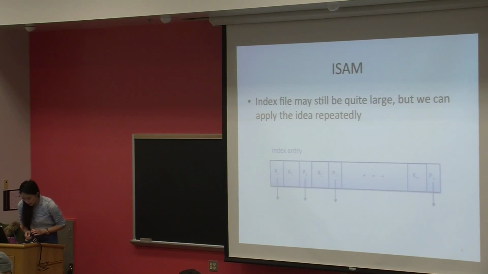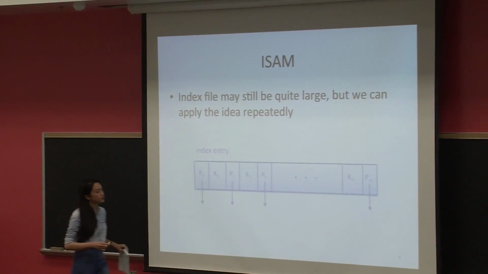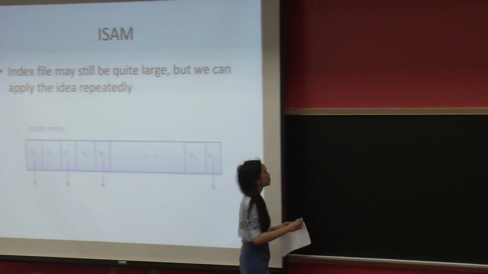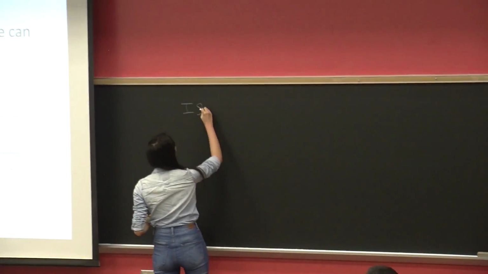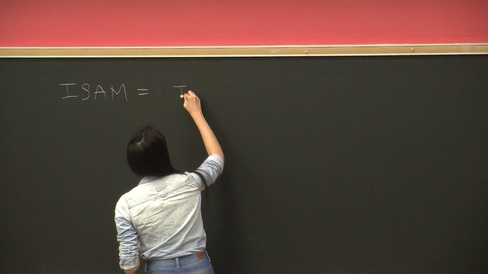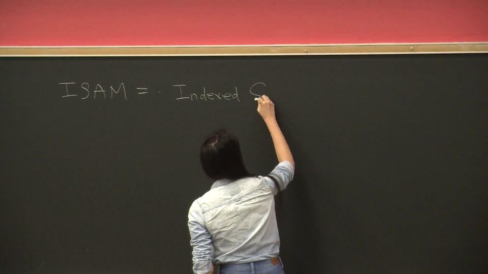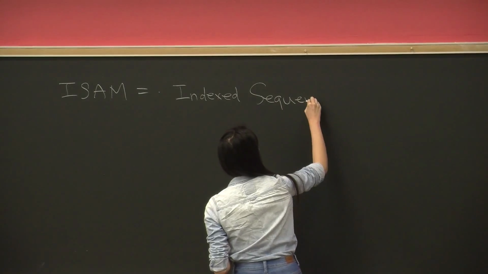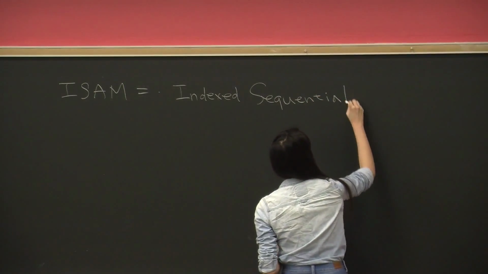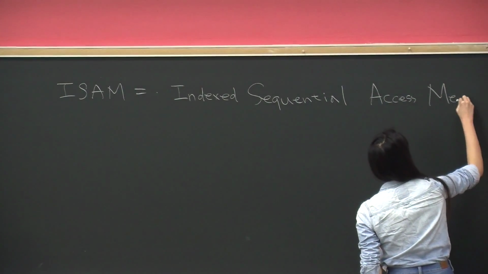So if you take a look at the next slide, for this one type of tree-based structure, we call it ISAM. ISAM stands for index sequential access.